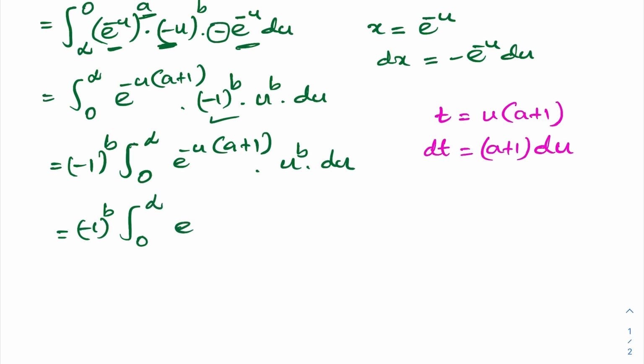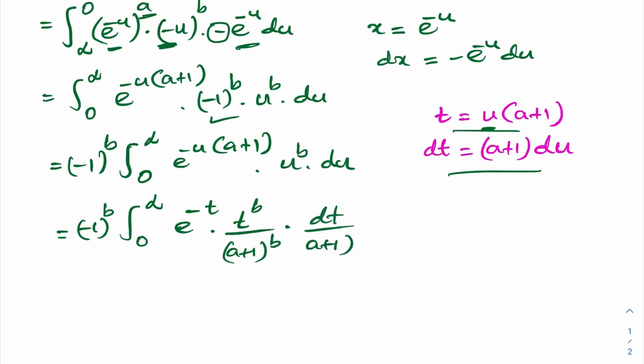Now here e to the minus u times a plus 1; we know u is t over a plus 1, so t to the b over a plus 1 raised to the b power, times du, and we know du is dt over a plus 1.